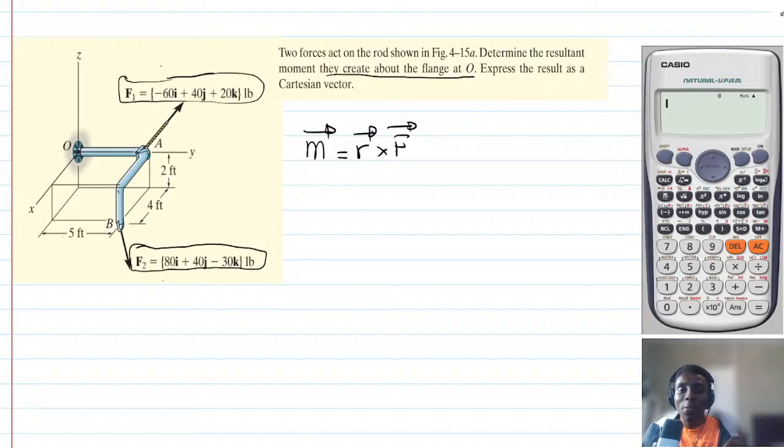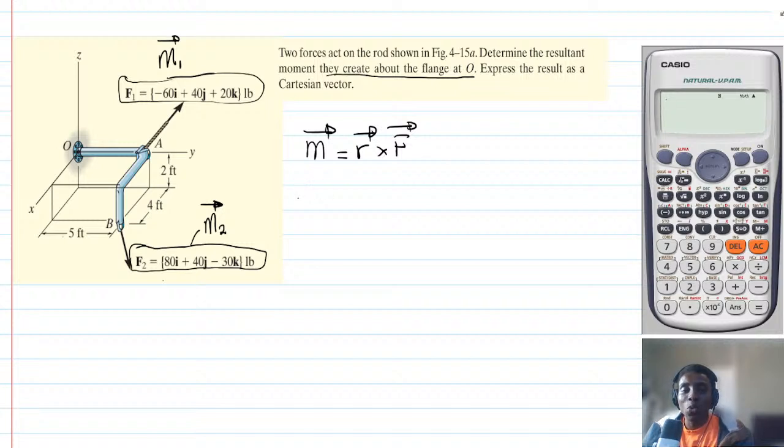Let's assume that the moment created by F1 is a vector M1, and the moment created by the force F2 is a vector M2. Okay, so what can I do? It's very simple and straightforward.